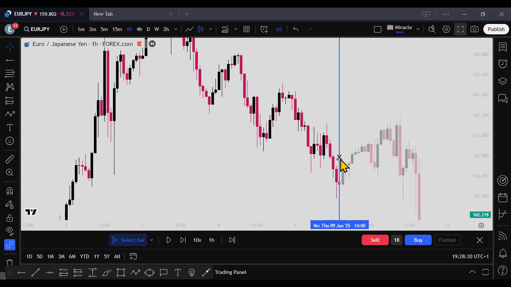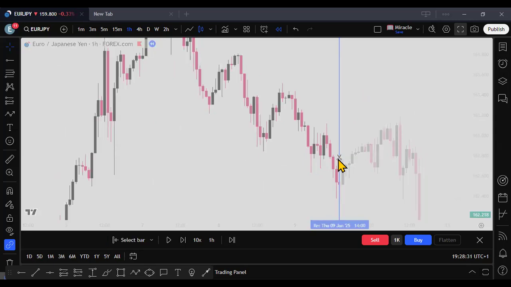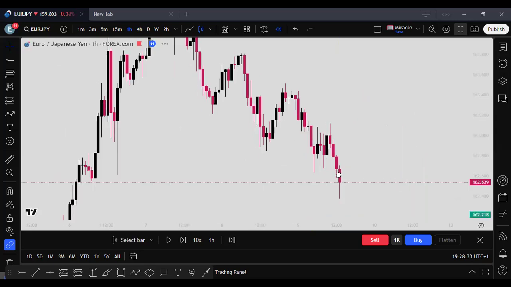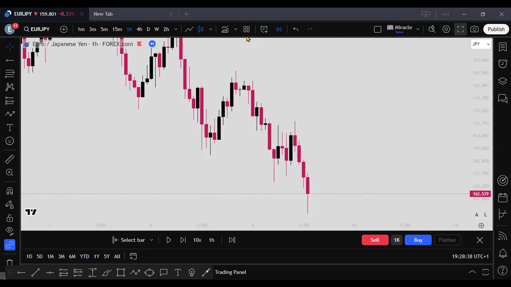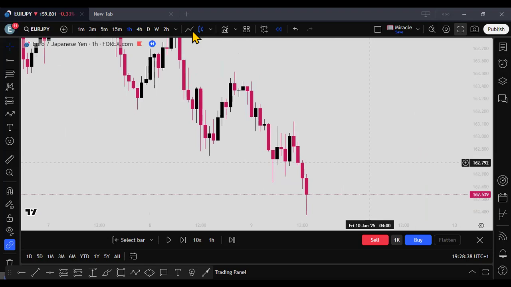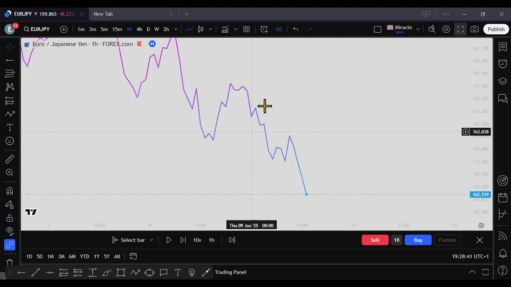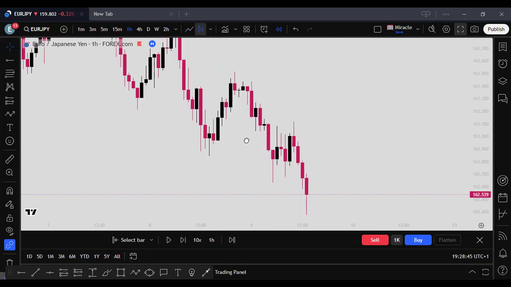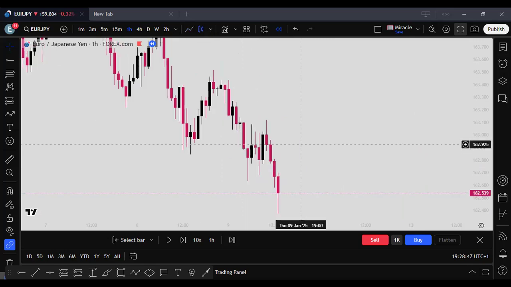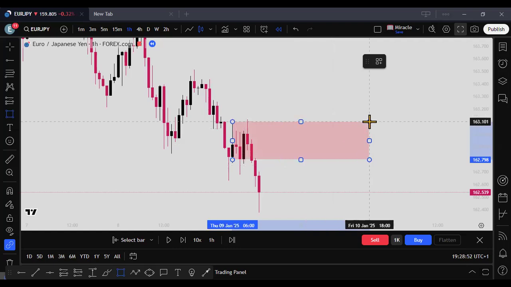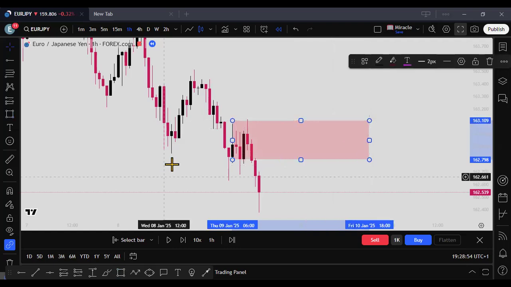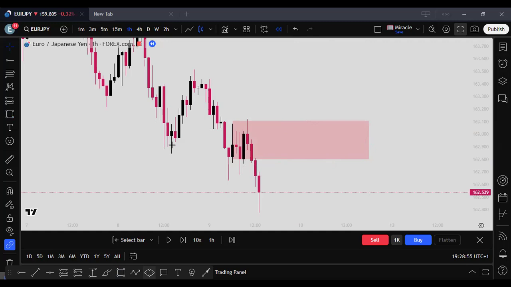If you look at this price action, price was clearly in a bearish move. You have a lot of areas of liquidity right here. But then looking at it from a wider perspective, you have this zone, you have this zone, all right, and you have this zone as well.